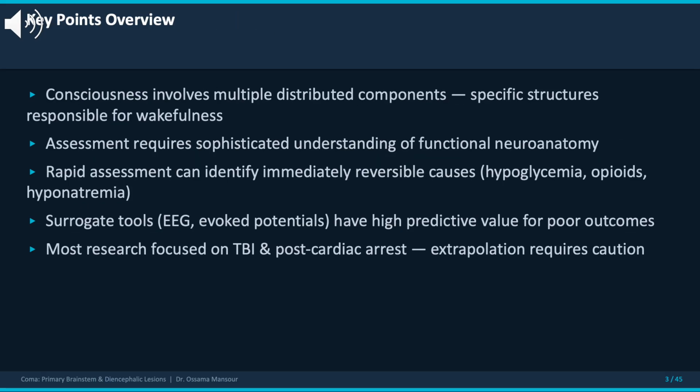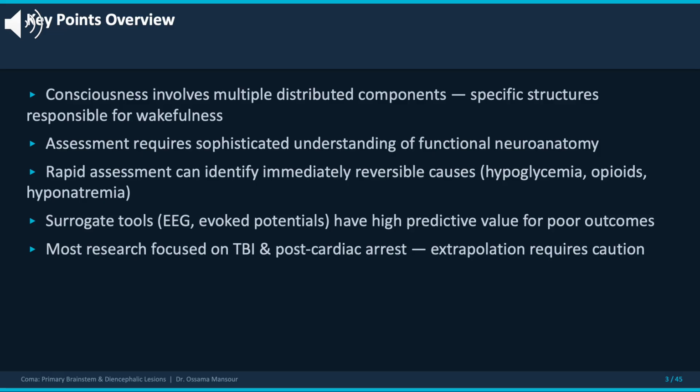Before we delve into the details, let me highlight the key concepts that will guide our discussion. First, the functional anatomy of consciousness consists of multiple distributed components working in concert, with specific structures being responsible for maintaining wakefulness. Second, the assessment of comatose patients requires substantial clinical experience and a sophisticated understanding of functional neuroanatomy to accurately localize the culprit lesions.